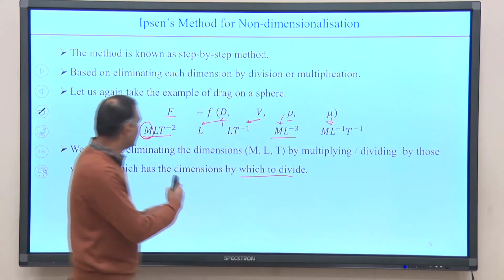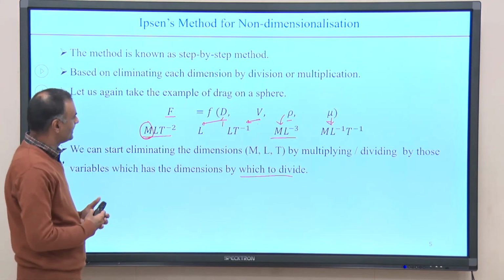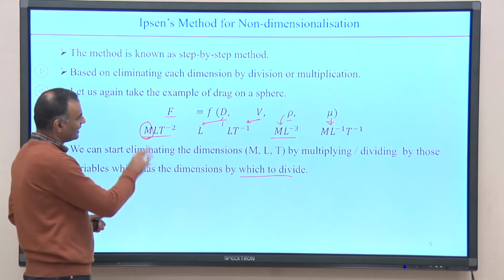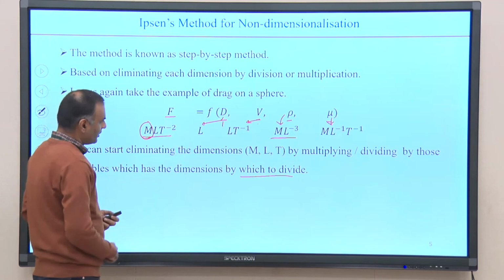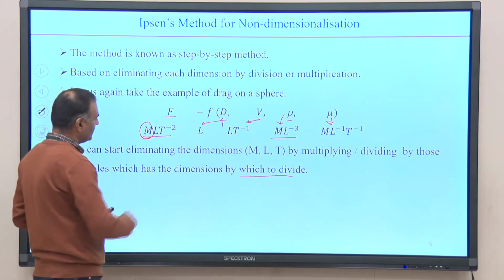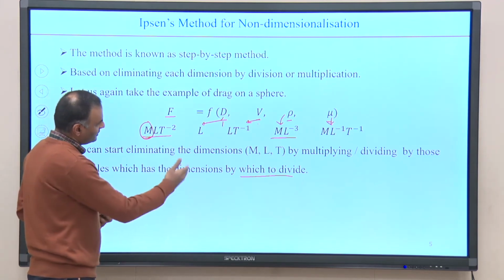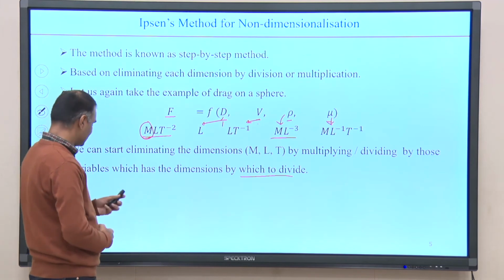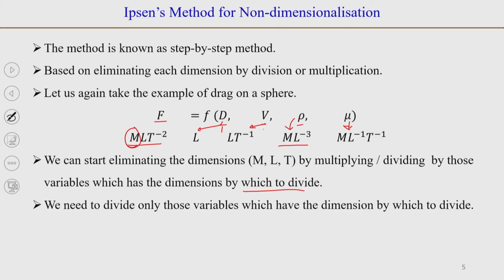So, we have eliminated m from these variables and we are also one variable down, we do not need rho anymore. Then we can keep doing this thing. We need to note here that the division is required for only those variables which have the dimension by which to divide.